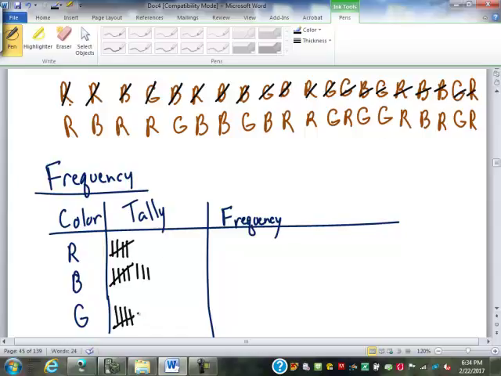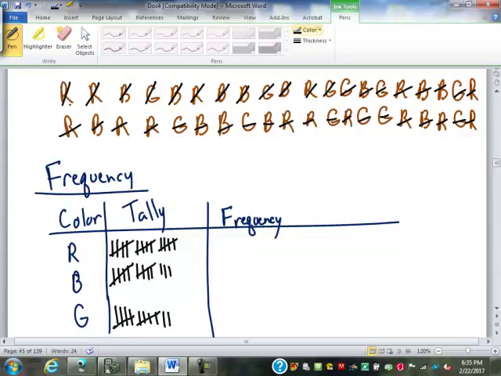And green, red. So we're halfway there. Red, blue, red. Red, green, blue. Blue, green, blue. Red, red, green. Red, green, green. Red, blue, red. Green, red.